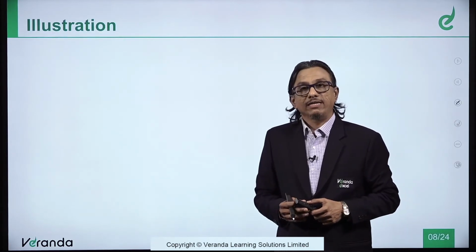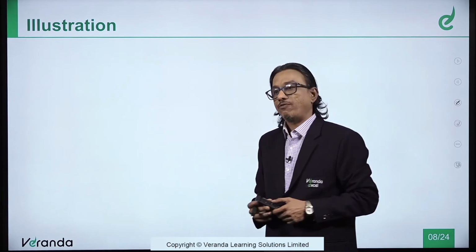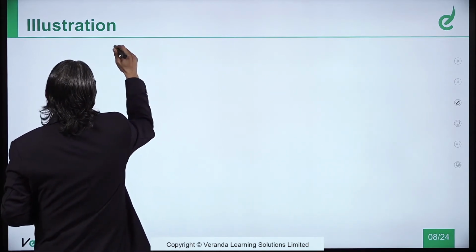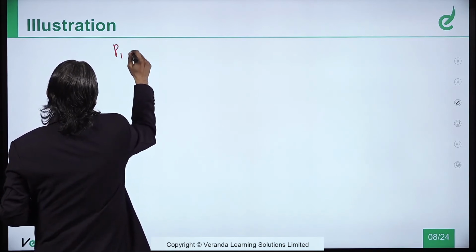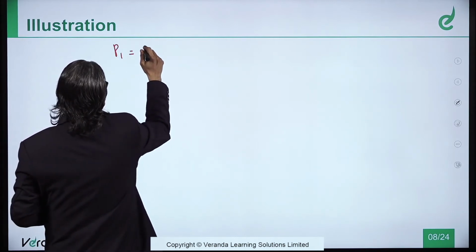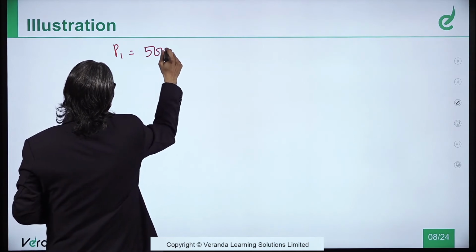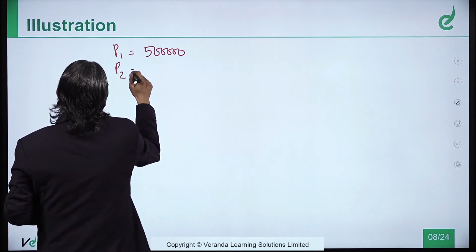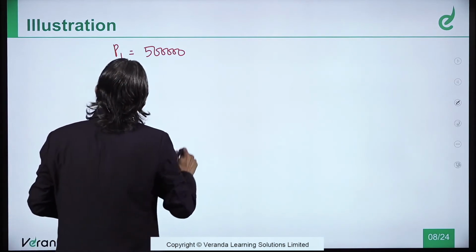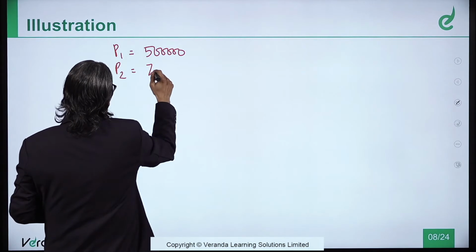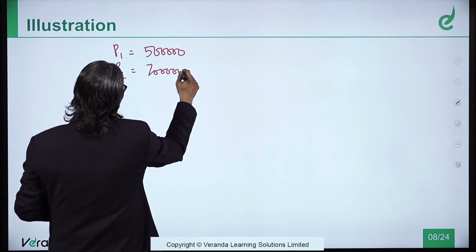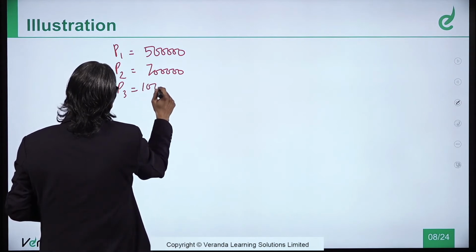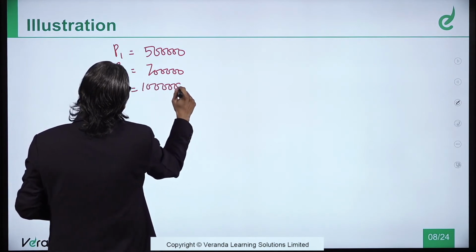Let us take a problem based on super profits. Profit for the first year, 5 lakhs. Second year, 7 lakhs. Third year, 10 lakhs.